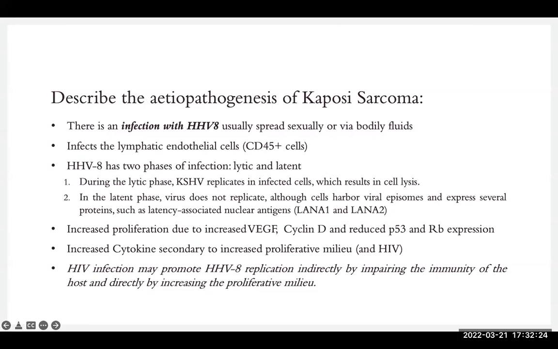Okay, so the Kaposi sarcoma itself does not result from neoplastic transformation of cells, but rather results in excessive proliferation of spindle cells of vascular origin. And in this case, we talked about lymphatic endothelial cells, which are CD45 positive cells.